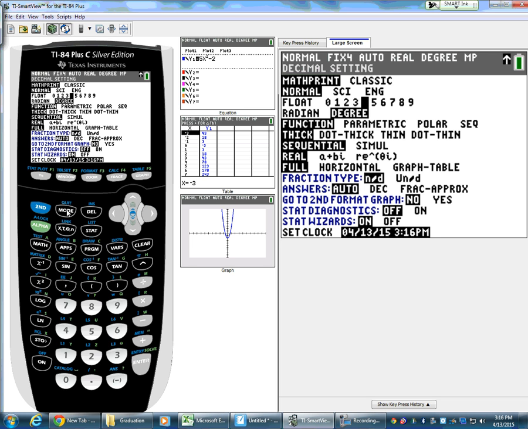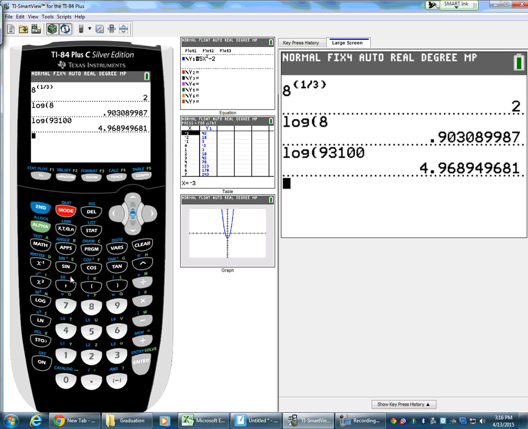So then I could go back and type in natural log of 50 and get an answer. It goes on a lot farther than this, but if I need it rounded to the 4th decimal place and you're having trouble with that, then you can ask your calculator to round for you. Like this one, rounded to the 4th would be 4.9689.